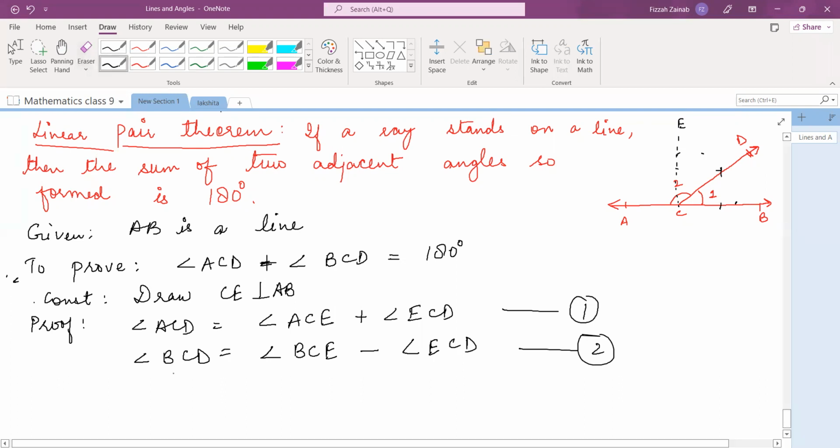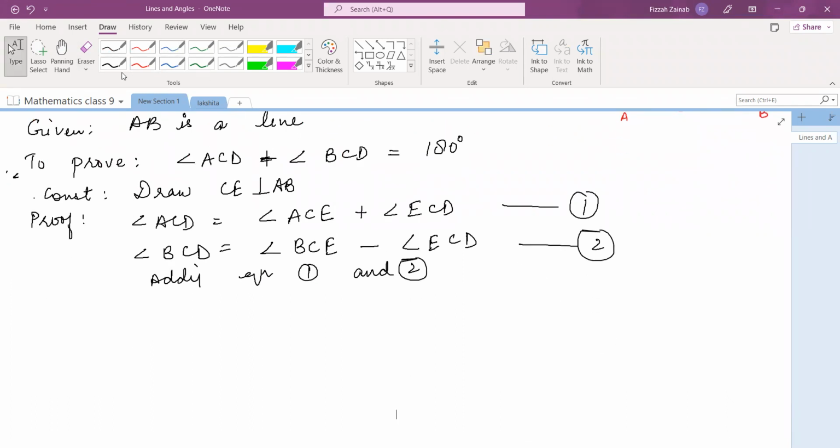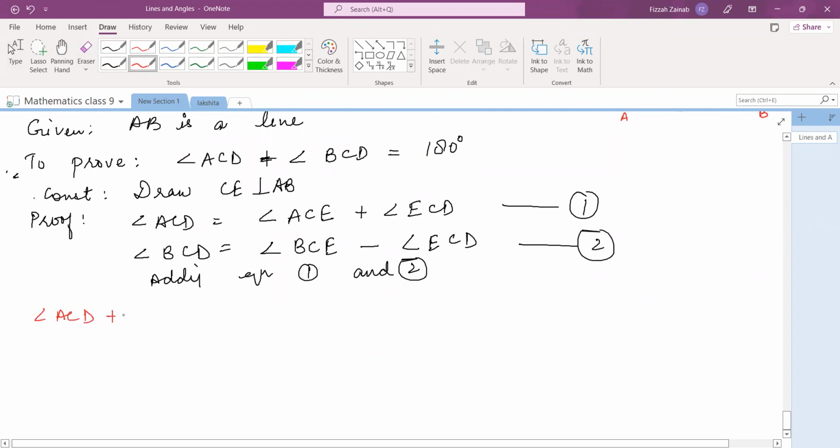Now, what we do is we add the two equations. Adding equation 1 and 2. This is simple. So I have angle ACD plus angle BCD is equal to, now add the right hand side: angle ACE plus angle ECD plus angle BCE minus angle ECD.